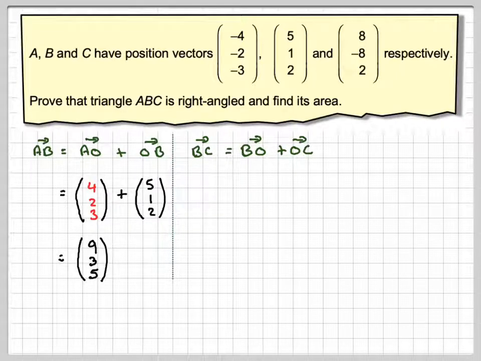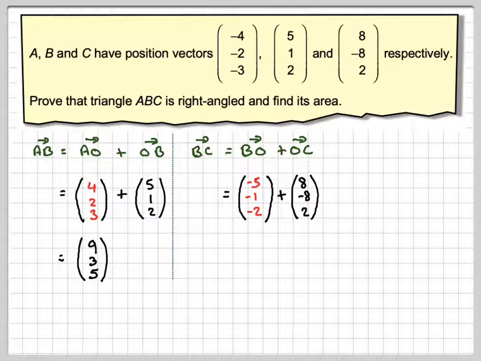So you just go around the triangle, start AB, BC, and then CA. So you go right round in that order. So it's BO, change the sign of each of those, so it's going to become (-5, -1, -2), plus keeping the same sign (8, -8, 2). So that's going to give me (3, -9, 0).